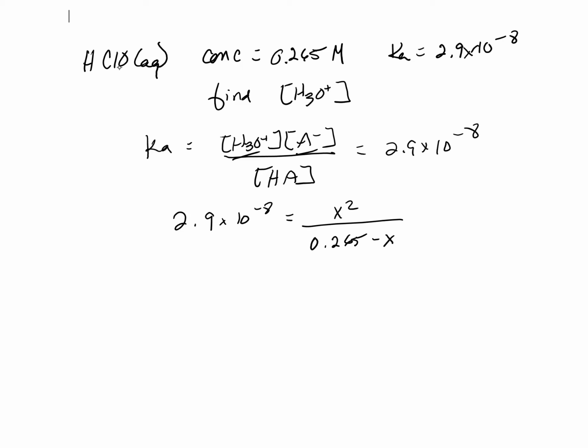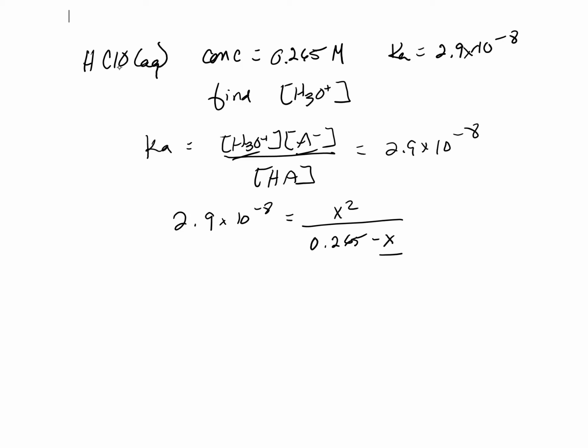However, you don't have to, because we have sig figs in play. And what we're seeing here is that if x is much, much, much smaller than 0.265, it's not going to significantly change it. So you don't have to include the full quadratic. You can use an approximation. In this case, our x is going to be quite small, and we can check that at the end.